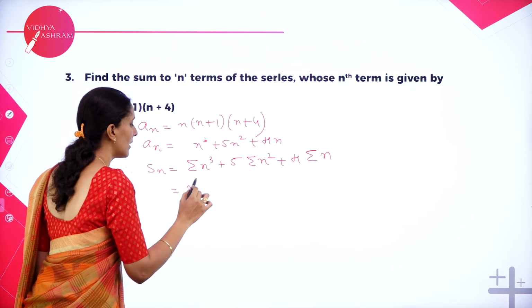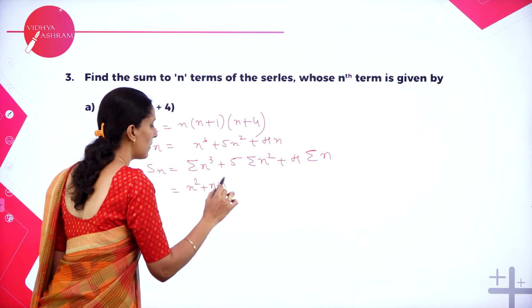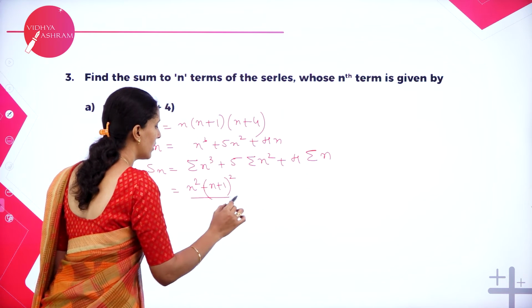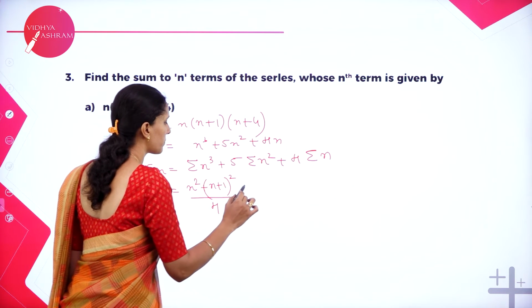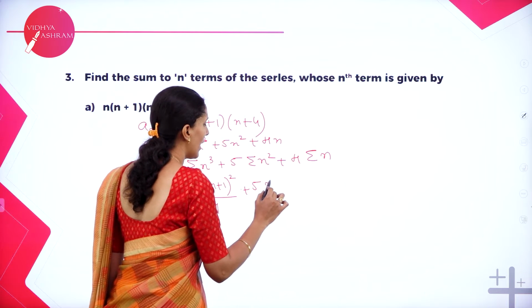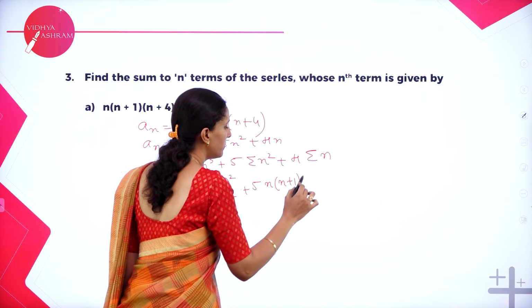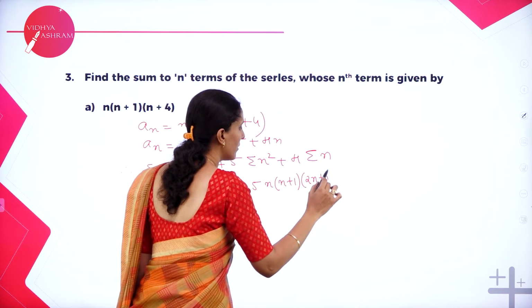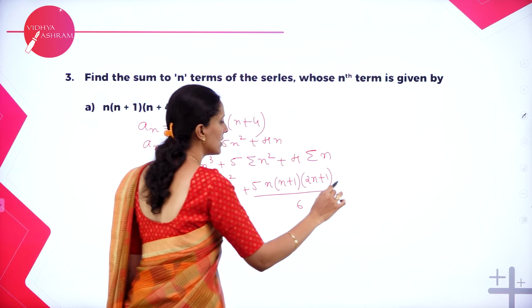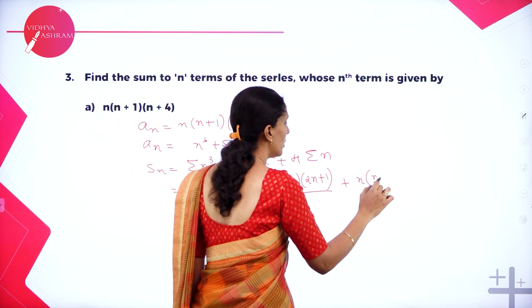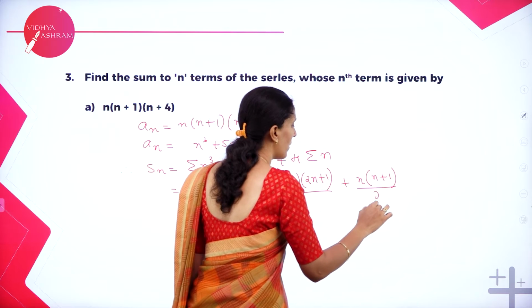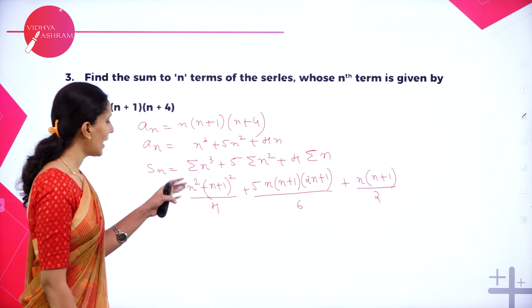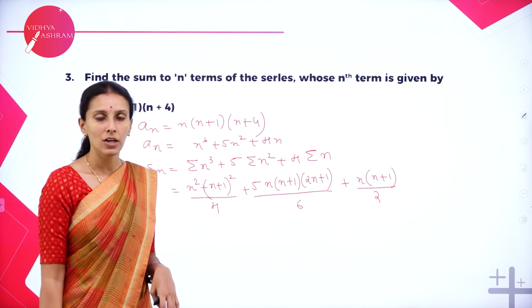So this is n square n plus 1 whole square divided by 4, 5 n plus 1, 2n plus 1 divided by 6. Here it is n into n plus 1 divided by 2. So you can take n into n plus 1 by 2 as a common factor.